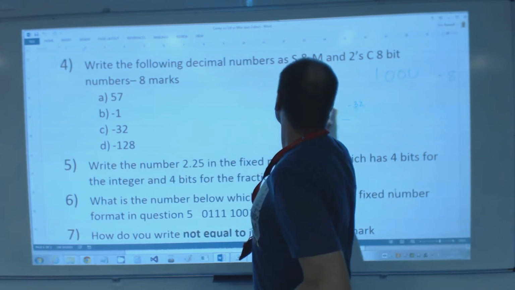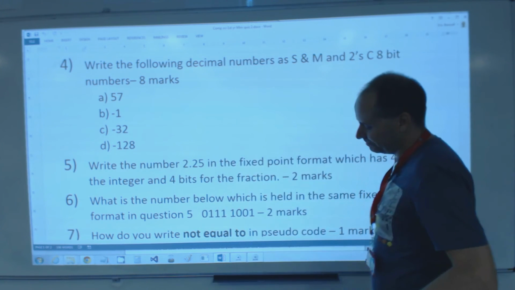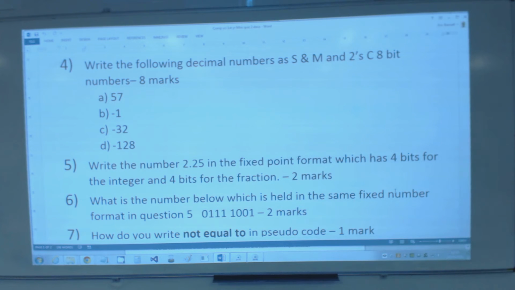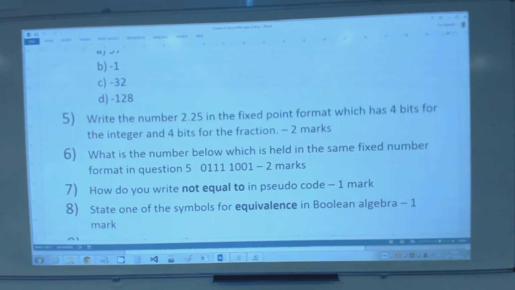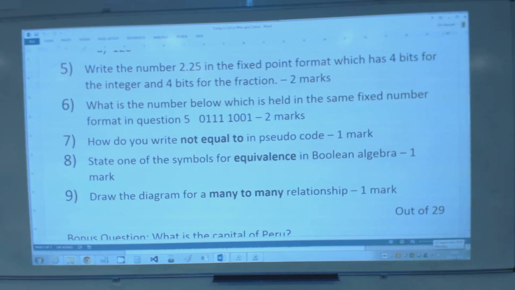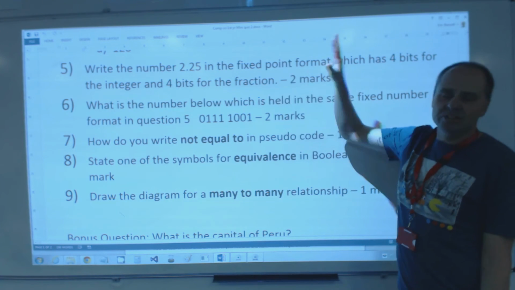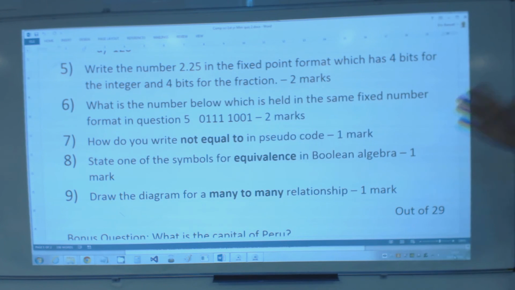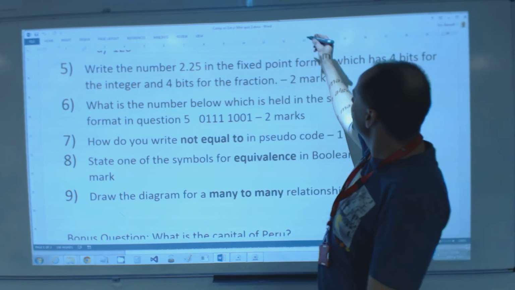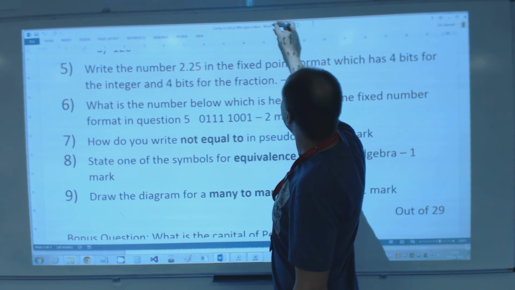Right. Okay. Moving on. Fixed point binary. So it can represent fractions now. So let's just scroll this one up a little bit. This is exactly the same as doing integers. We're just saying that's where the 1 column is, but we're going to have some more that are less than 1. So we just go 1, 2, 4, 8.